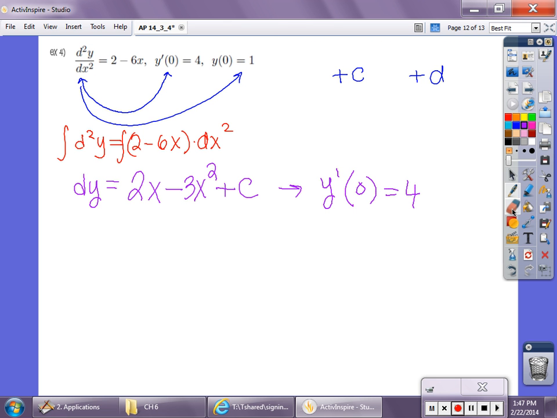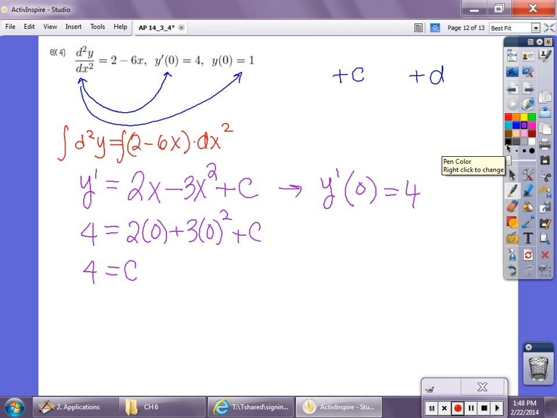If this is confusing, you can even rewrite this as y prime. So my y prime value is 4, my x value is 0. So I know my c value is 4. Okay? Here I'm going to do my second integration.